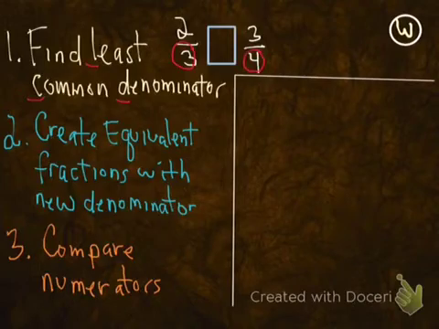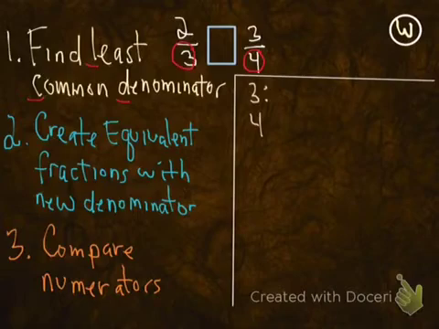Okay, we're going to then go to step number 1 here in the blue. We could do the same steps we did for least common multiple. We can just start listing multiples of each of these denominators, one at a time. And be careful, multiples are different than factors. A lot of students get those 2 things mixed up.